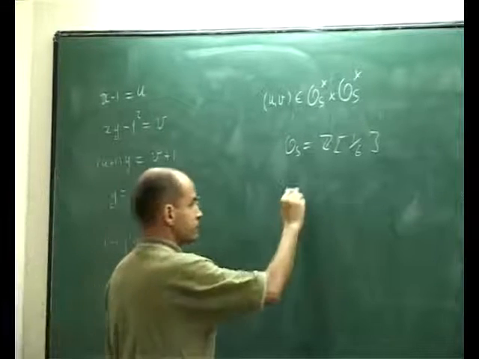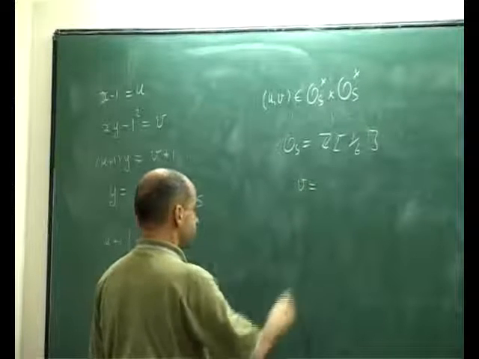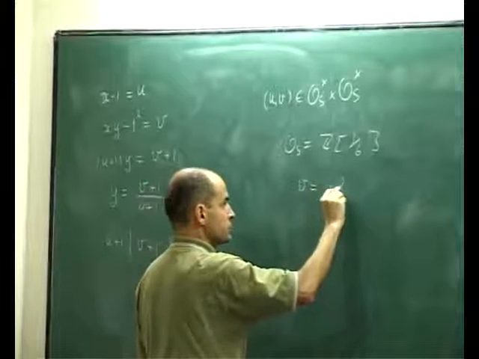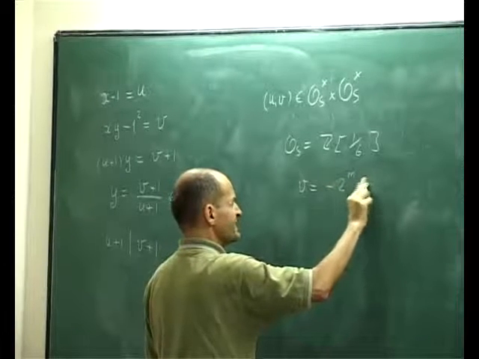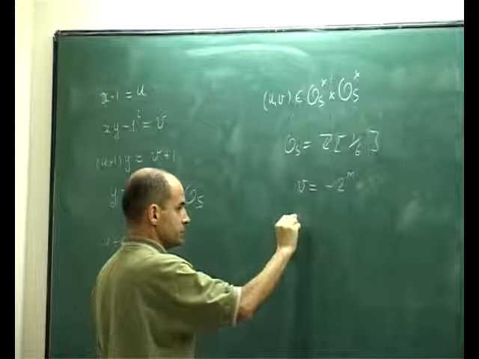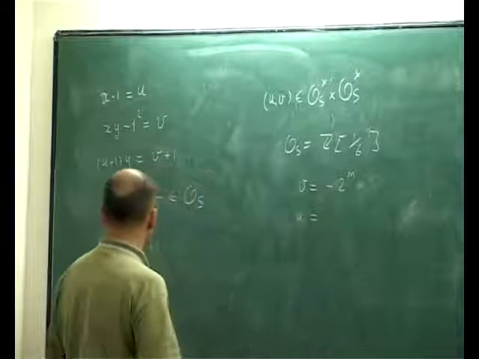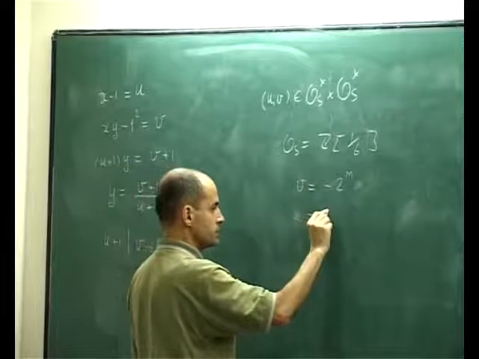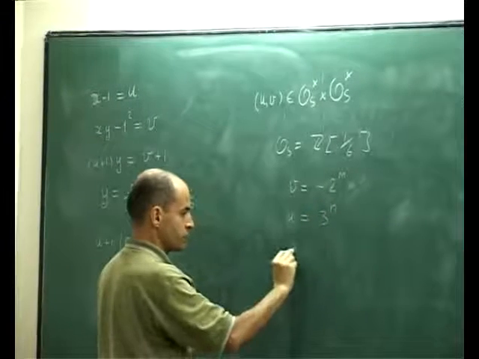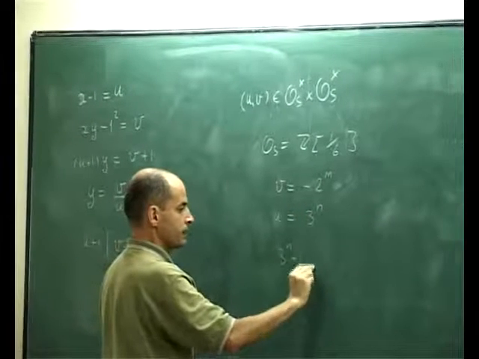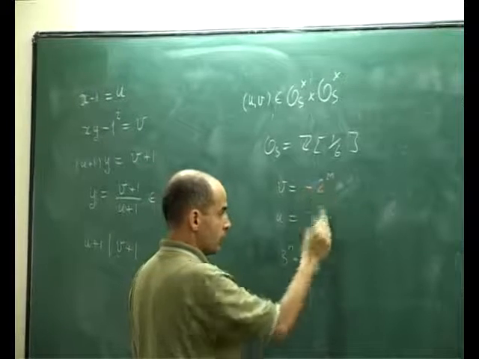Take v of the form 1 minus 2 to the n, and u of the form 3 to the n. So the problem is that 3 to the n plus 1 divides 1 minus 2 to the n.